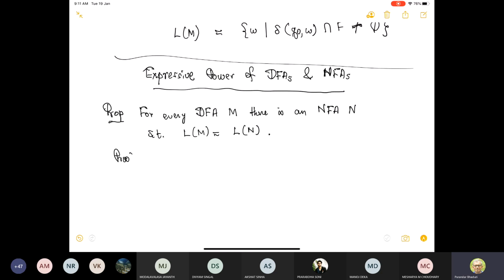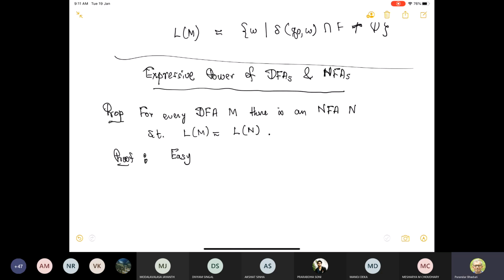Why is this the case? Because intuitively, every DFA is also an NFA, where the possible choice of next states is exactly a singleton set.